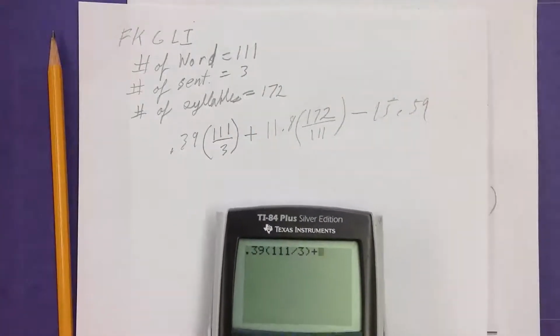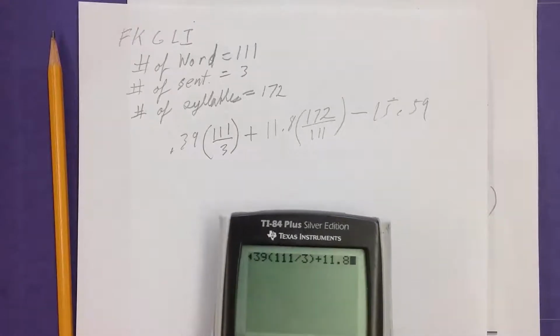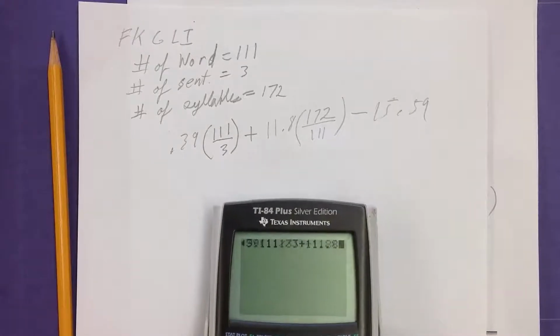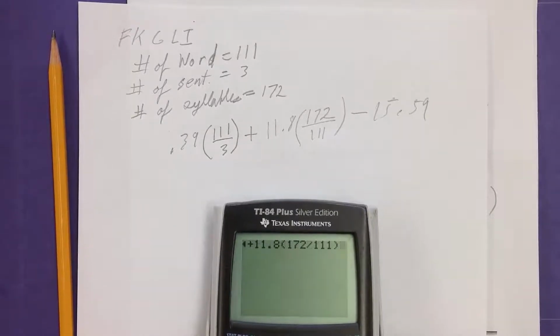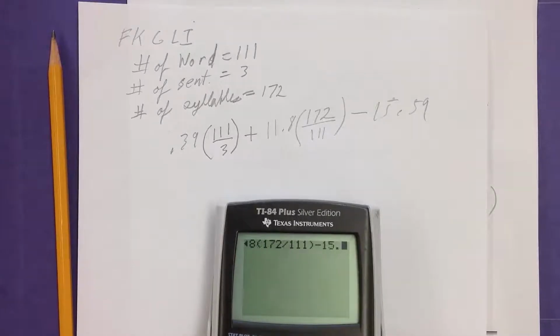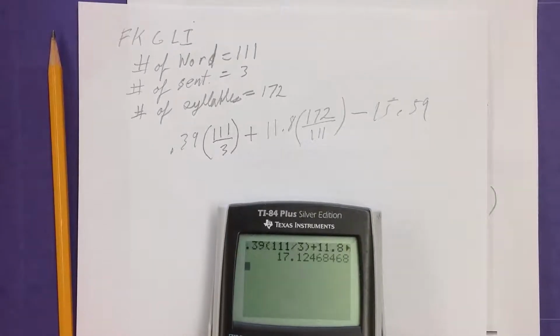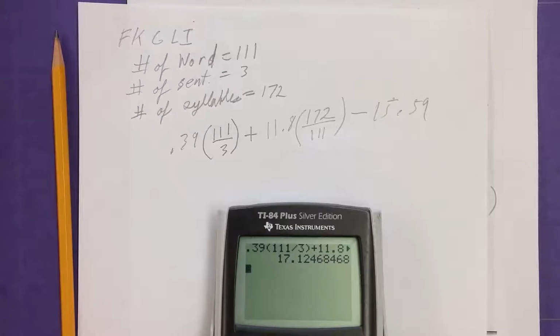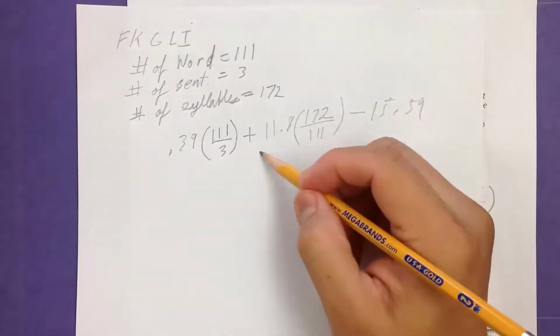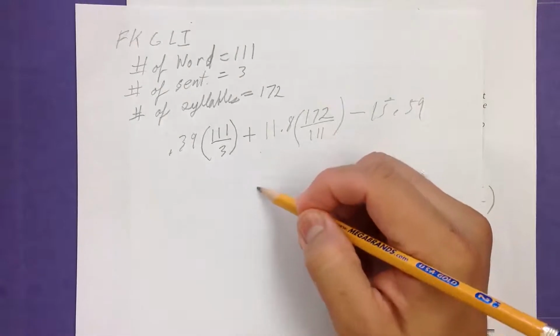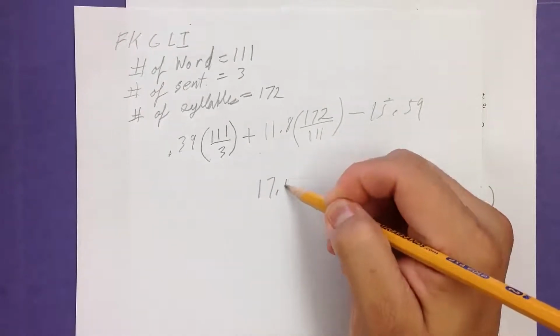We do this and then we do everything else. 1.8 times 172 divided by 111, and minus 15.59. That gives me 17.12. Okay, so that's 17.12.